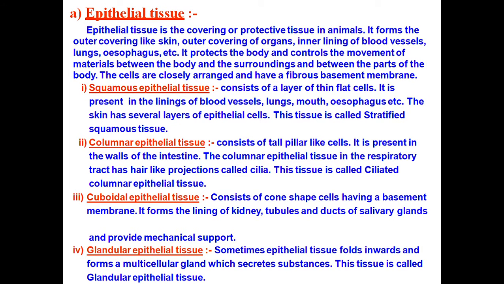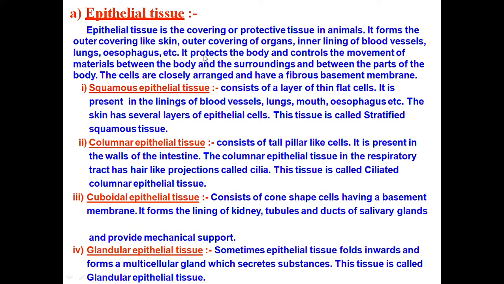First of all, we will learn about the epithelial tissues. These tissues form the covering of external surfaces and internal cavities and organs of animal body. So it forms the outer covering of structures like skin, outer covering of different organs, inner lining of blood vessels, lungs, and esophagus.